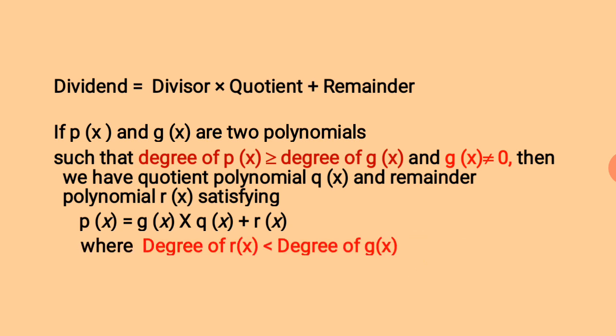Here one condition is there and you all know about the condition that the degree of r of x has to be lesser than the degree of g of x. Children, in normal division, our remainder is always smaller than the divisor. Here in this case, when you have polynomial, the degree of remainder has to be lesser than the degree of divisor. In that case, we stop our division.